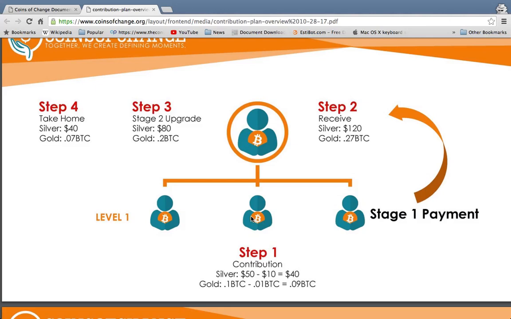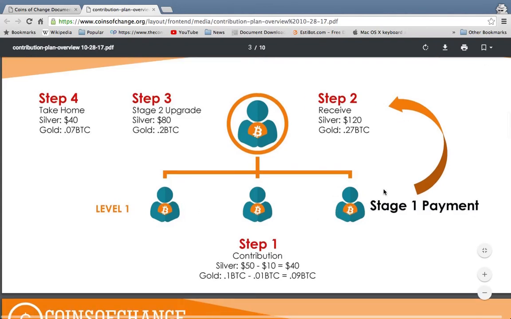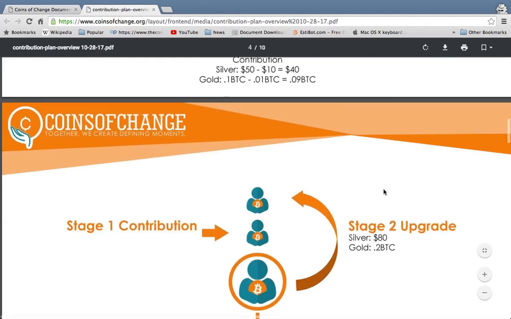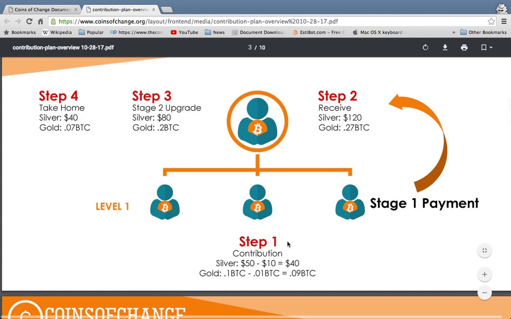So now, what does that do? That makes these 3 people eligible for their level 1. Let me just go through the numbers a little bit. Your step 1 contribution for silver is going to be $50 minus the $10 platform fee, so there's going to be a total of $40 from 3 people, which is a total of $120.